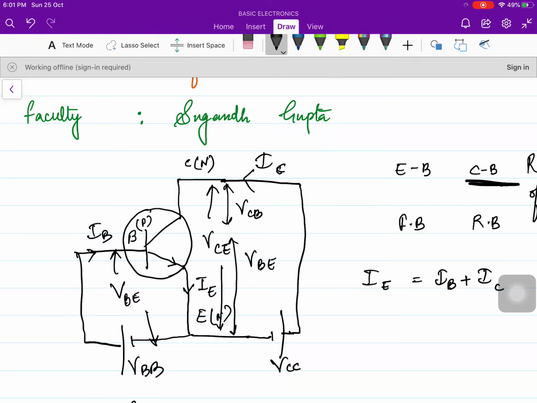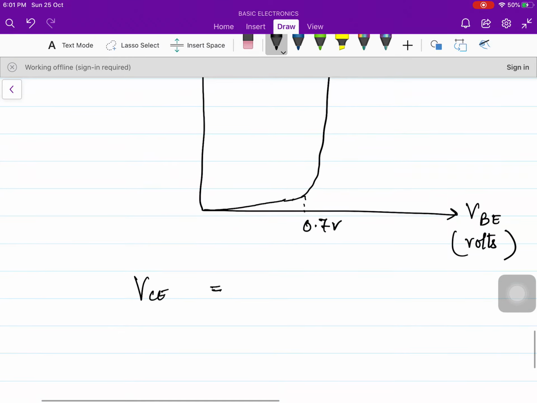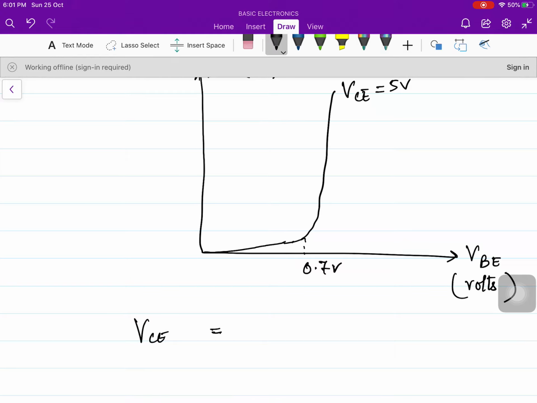That is, the voltage between collector and emitter is the sum of the voltage between collector and base plus the voltage between base and emitter. Now VBE is always constant because it is 0.7 volt, and current will only flow at 0.7 volt. So it will be VCB plus VBE, but VBE is always constant, that is 0.7 volt, and it is VCB.